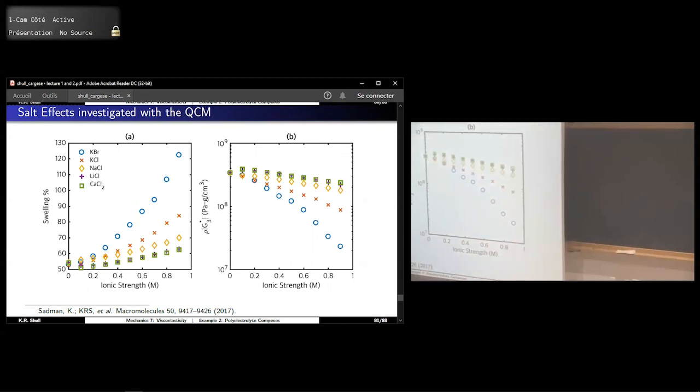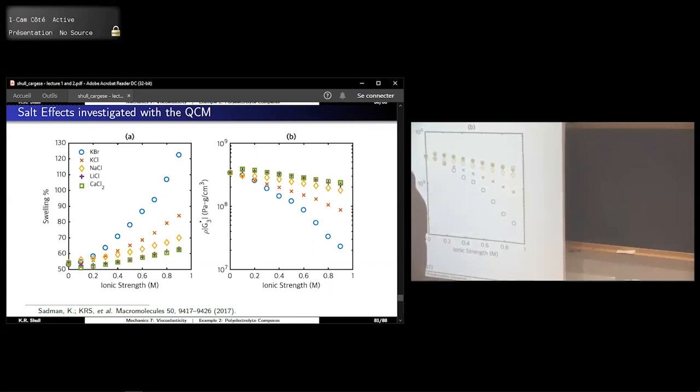So a simple way of thinking about this is basically hydrophobicity of the salt. Would the salt rather be surrounded by water, or would it rather be in the complex itself? And if it would prefer to be in the complex, it basically draws water with it. And so that's what's really happening with the KBr one.